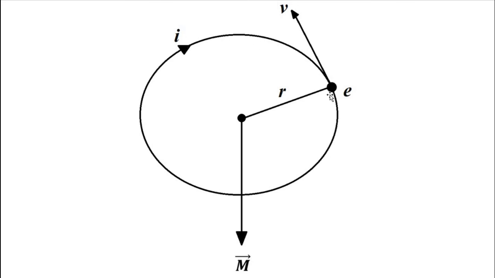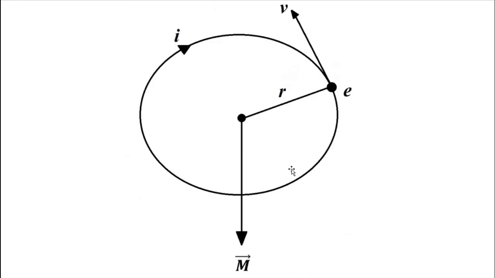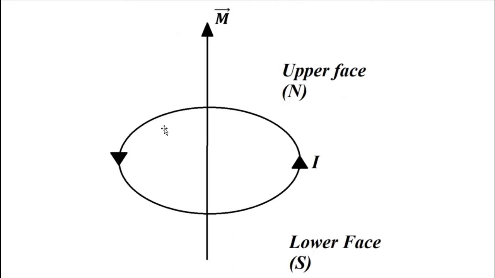So the flow of electron around the nucleus in a specific orbit gives rise to flow of current, and this is a similar situation to the current carrying loop.